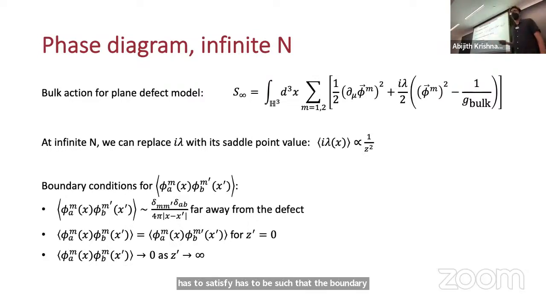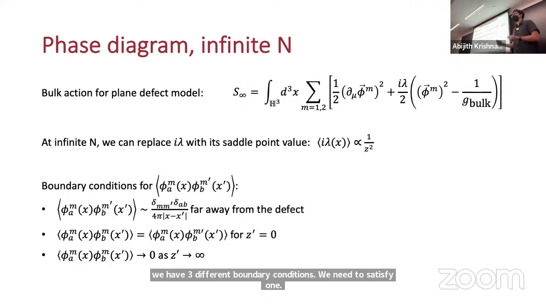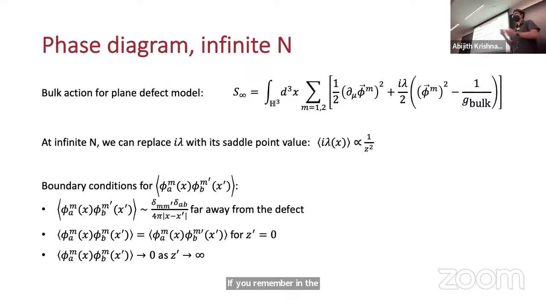So we have 3 different boundary conditions we need to satisfy. One, if you remember in the beginning, where we said that very far away from the defect, the bulk CFT relationships have to hold. That's one of our boundary conditions here, that the Green's function has to go as 1 over 4 pi r, far away from the defect.